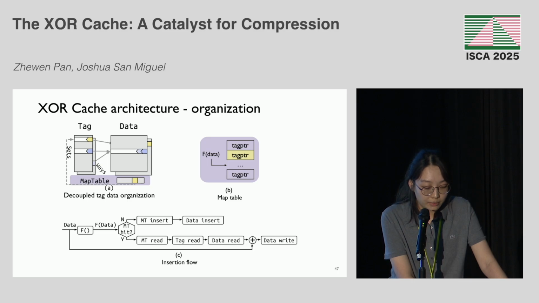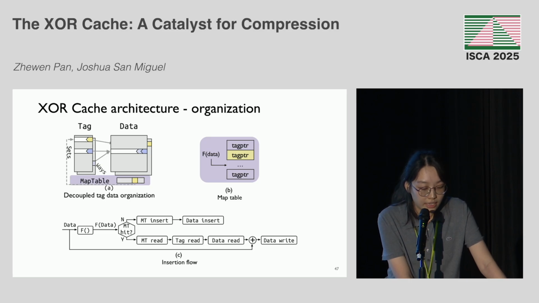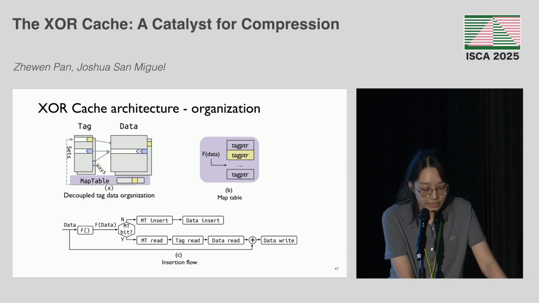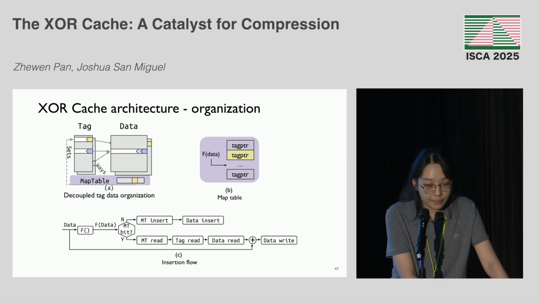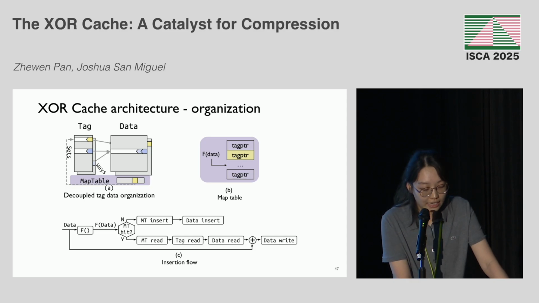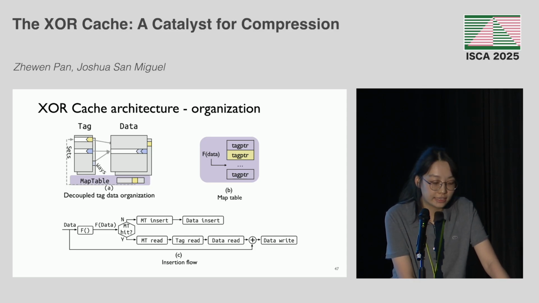Otherwise, the map table hits, there exists a good candidate as their hash values match. We deallocate the map table entry, read out the candidate's data and insert the XORed line. Check out our paper for map function design and XOR cache access flow.